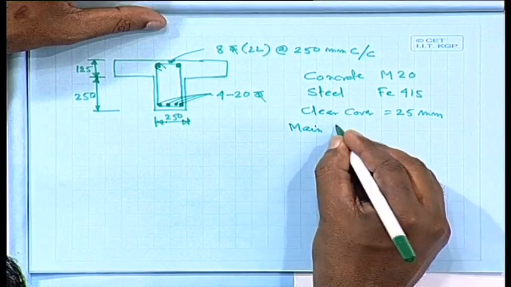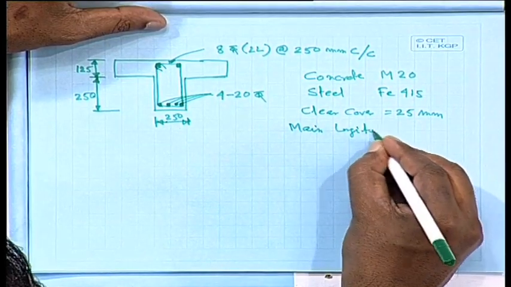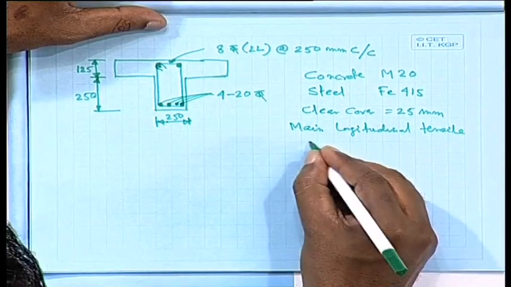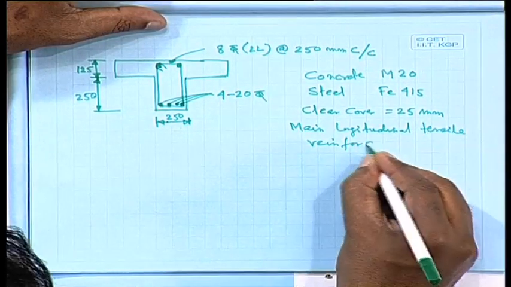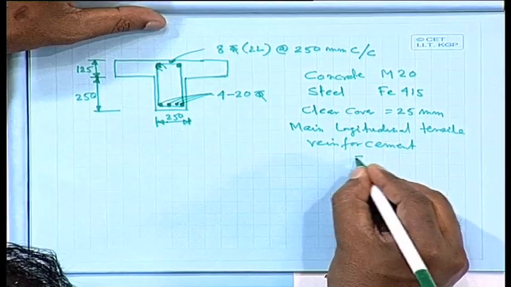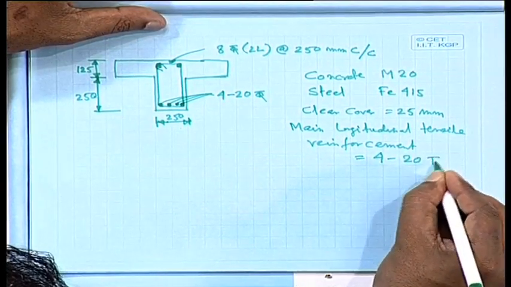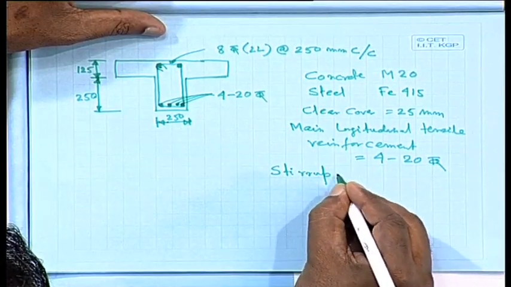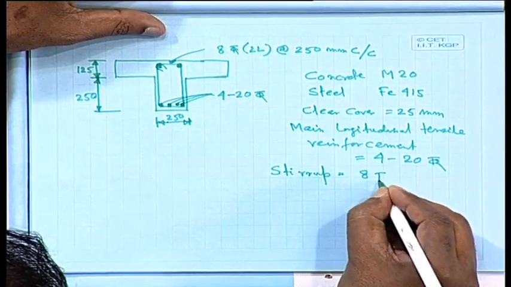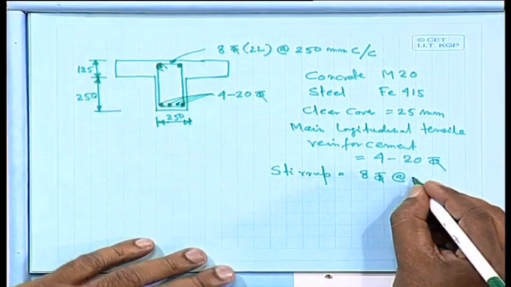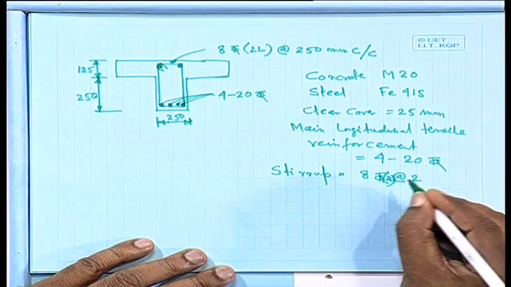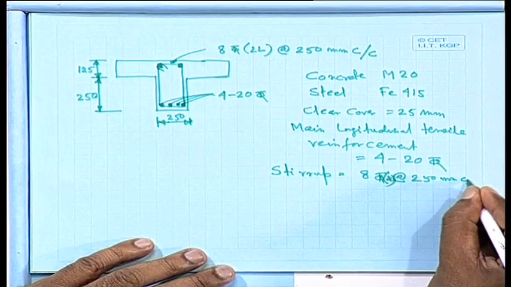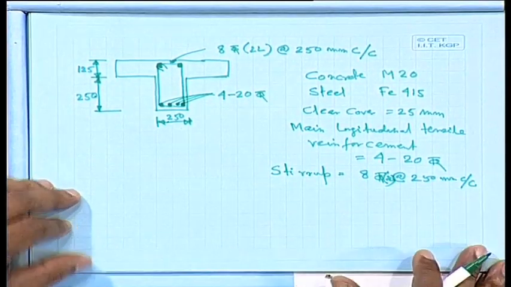Main longitudinal tensile reinforcement 420 torr, stirrup 8 torr at the rate of 2-legged, mention 2-legged at the rate of 250 millimeter center to center. So, this is the summary of the results.